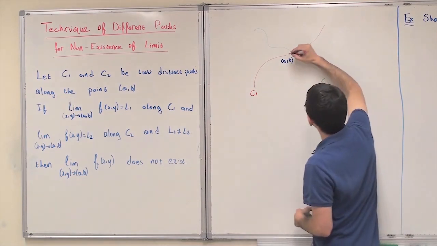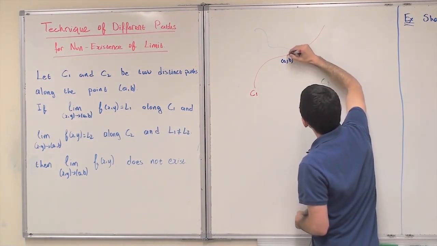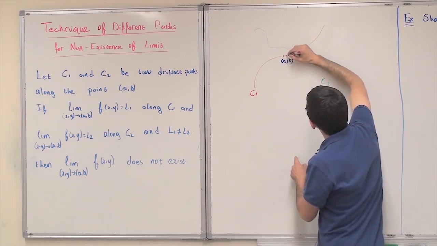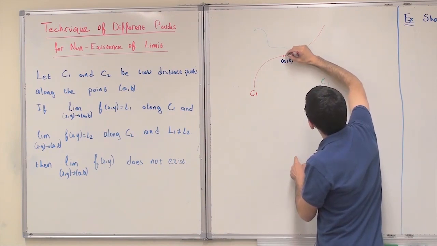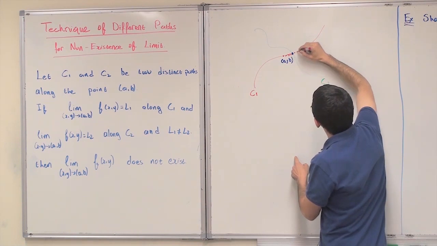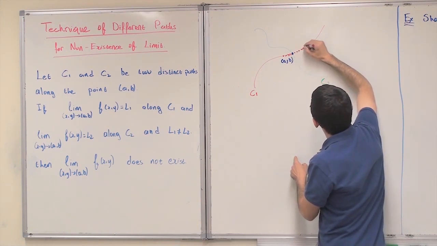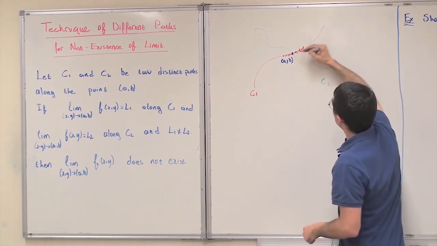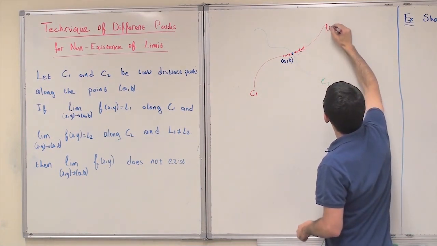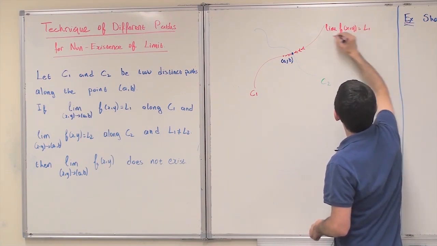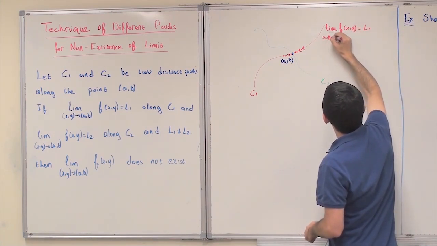Along C1 means as I approach the point (a, b) using points on the curve C1 and they come closer and closer to (a, b), then I have a limit of f which is equal to L1.